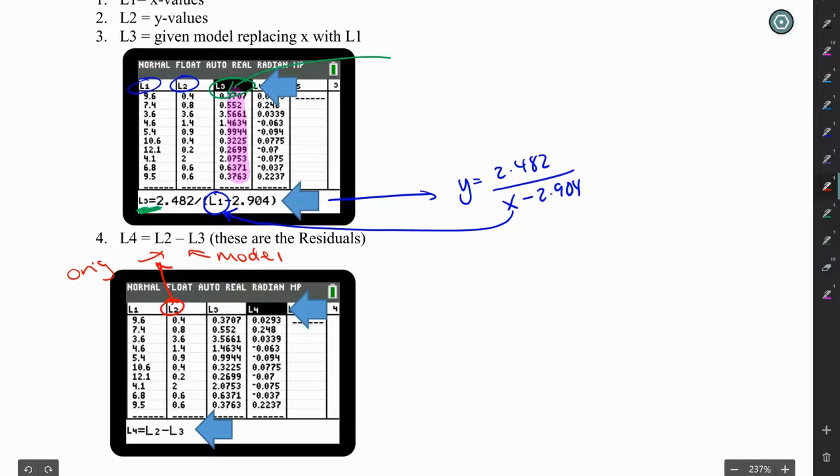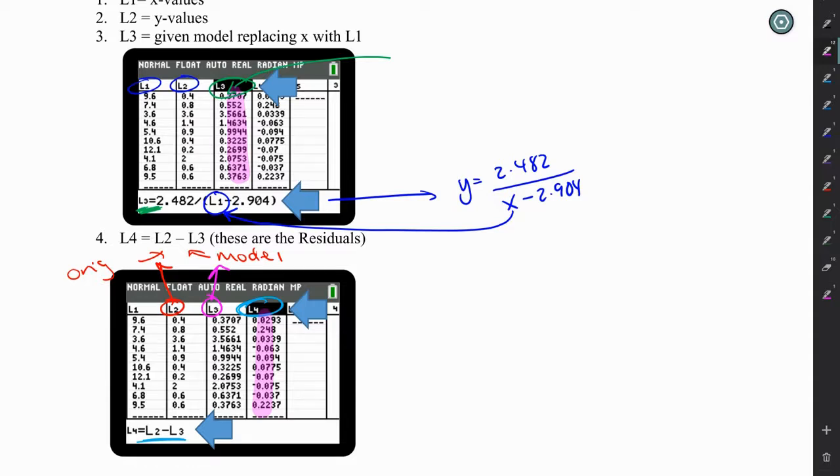My model y values are in L3 because we just had the calculator find those for us. So now what we do is we highlight up here where it's in black, L4, and we tell it, okay, go ahead and subtract for me. Do L2 minus L3. And then when you press enter, it fills this whole column of data.